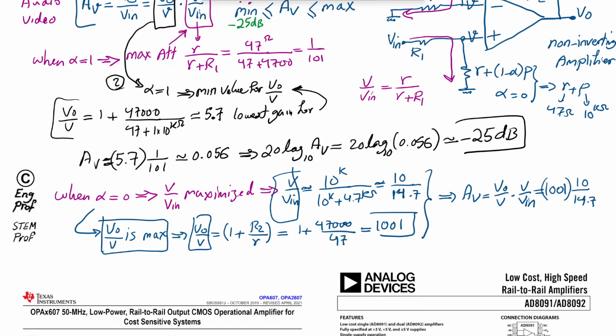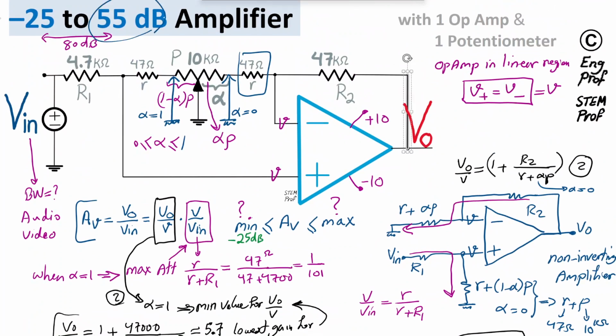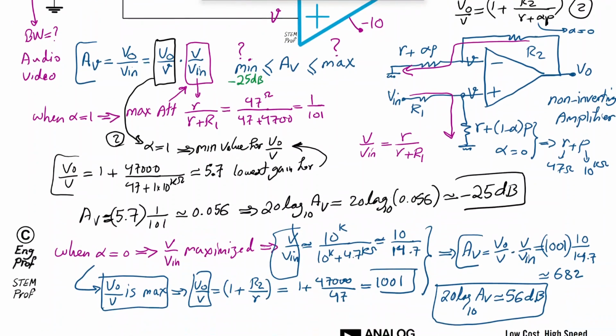If you compute this, it turns out to be roughly 682. If you again compute the 20 log base 10 of AV, it turns out to be on the order of 56 dB. So we actually obtained better than what was mentioned, 55 dB. The circuit actually provides up to 56 dB of gain.